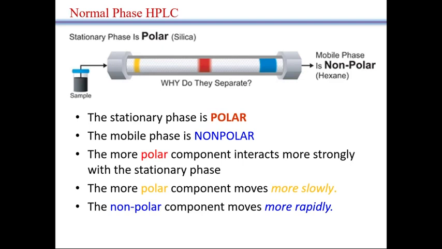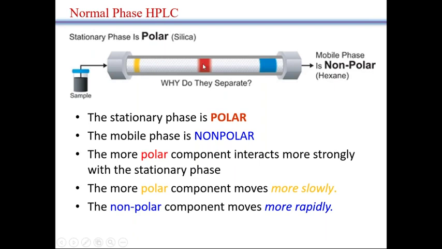Now let us look at what happens in normal phase and reverse phase. In normal phase, the stationary phase is polar, the mobile phase is non-polar. When you put a mixture of samples onto the column, the more polar compounds will interact strongly with the stationary phase.